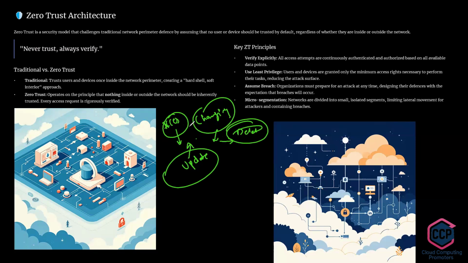Here, for each step there will be verification: whether he is allowed to access, whether he is allowed to change. Each and everything will be noted down.